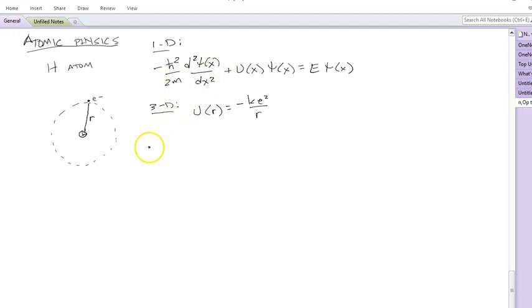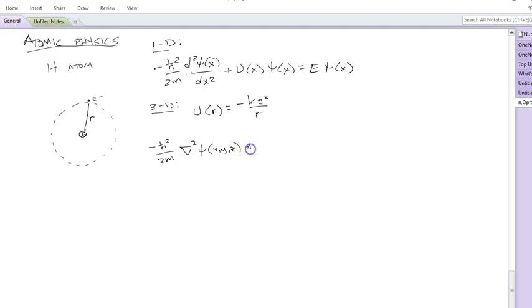And this is where some Calc 3 stuff comes in, some vector calculus. So in 3 dimensions, instead of having just a second derivative with respect to one variable, x, you would have this del squared. So you would have what we would call the Laplacian. You guys probably discussed this in Calc 3. So that del squared, and now psi is a function of x, y, z, right?